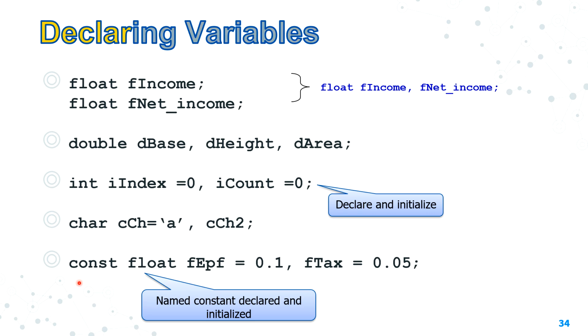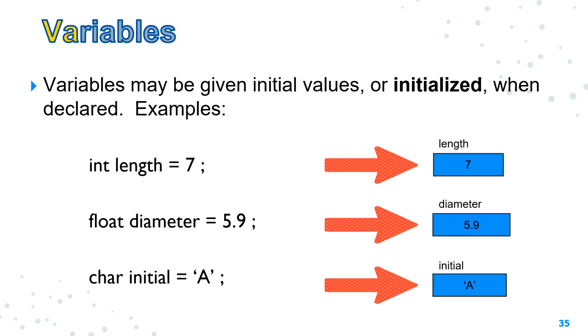Constants are used when values must remain fixed throughout the program, for example, tax rates. Overall, this slide shows how variables can be declared individually or in groups, how some variables can be initialized immediately, and how const is used to create fixed values that cannot be changed.